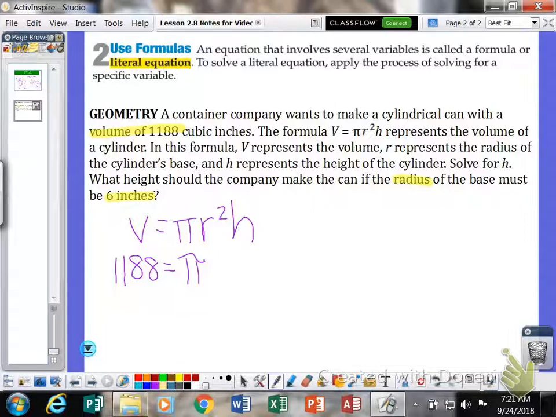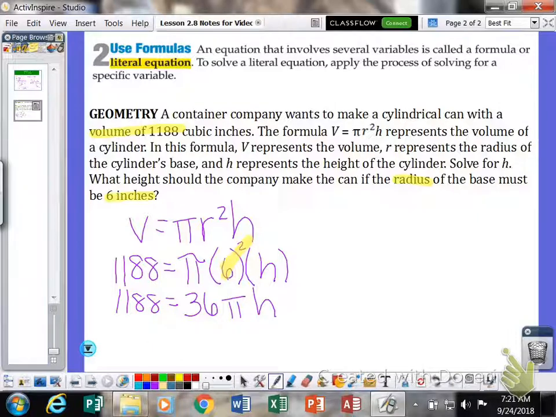I know it's 3.14, that's what we substitute for it, but we're going to leave it alone. The radius is 6, and we need to find h, so 6 squared h. So 1,188 is equal to, I'm going to rewrite this as 36, 6 squared, pi h. And now solve for h.